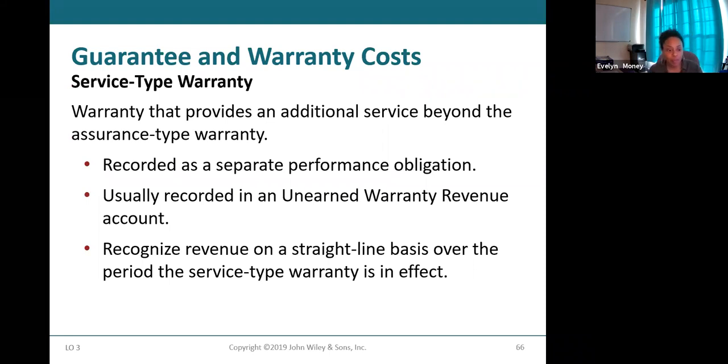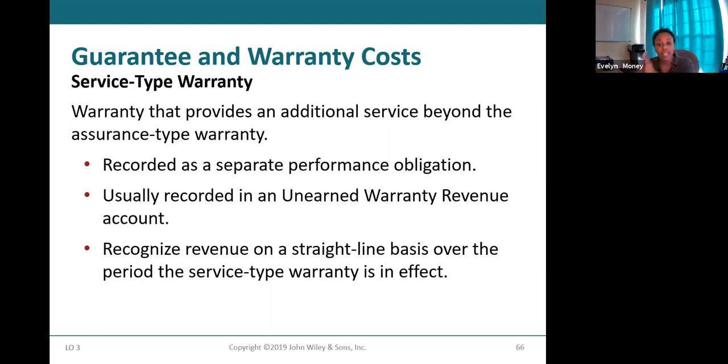Now let's deal with the service type warranty, because the service type warranty requires a separate performance obligation, which in plain English means there's an additional revenue component that I need to deal with because the customer is going to be paying me some additional money. When that customer gives me that money up front, I haven't earned it yet, especially if it's a 2-3 year warranty.